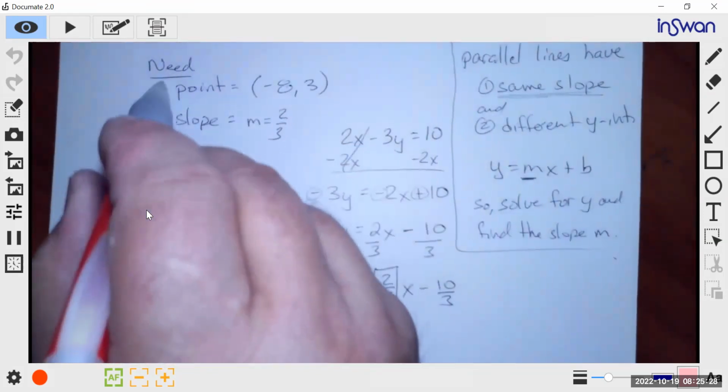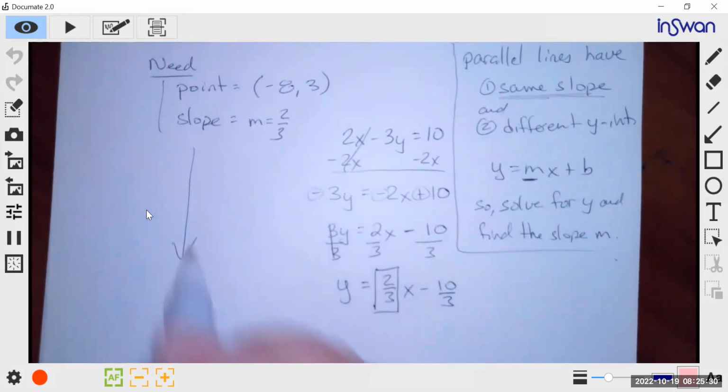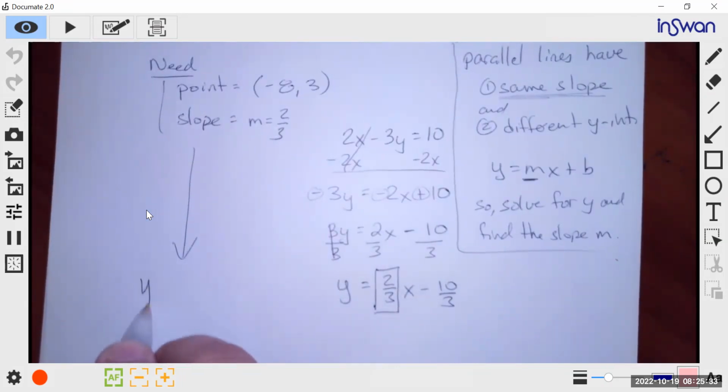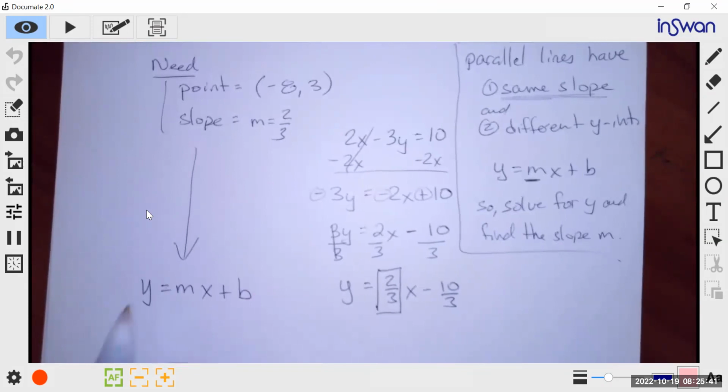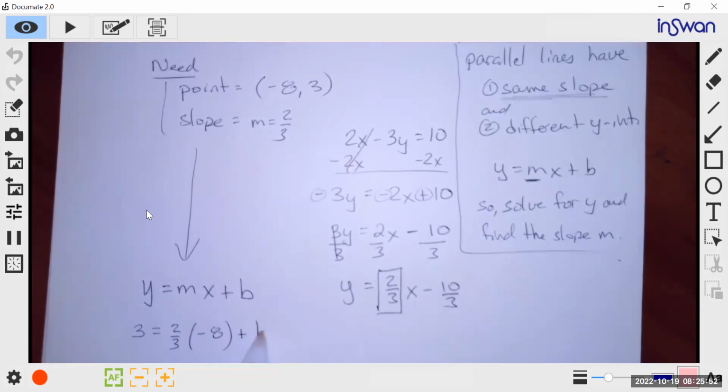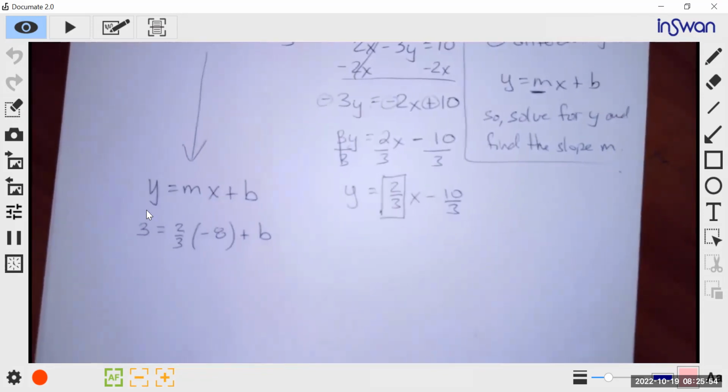So we have a point and a slope. Plug that into here. Our y value is 3 from the point. Our slope is 2/3. The x value is -8. And we have to find the y-intercept.